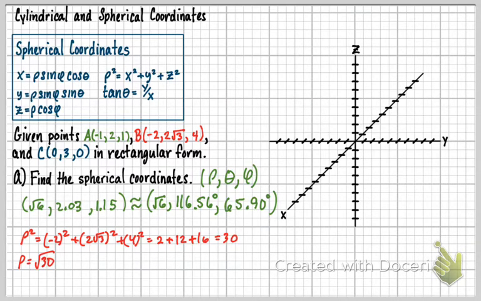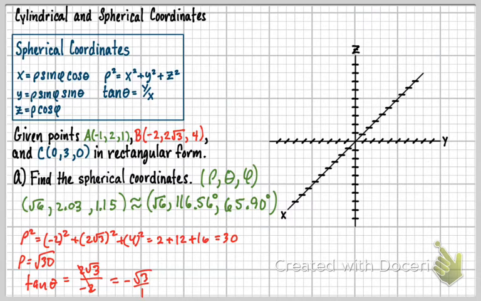And then what we're going to do now is find theta. So tan of theta equals y, which is 2 square root of 3, over negative 2. So those cancel, and I'm going to get negative square root of 3. Now, when I do the tan inverse, where is opposite over adjacent?